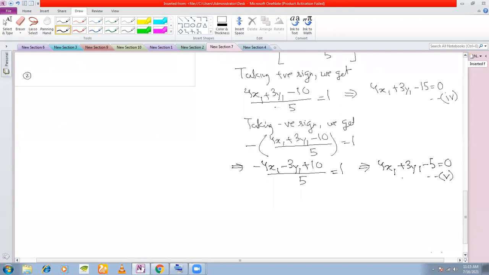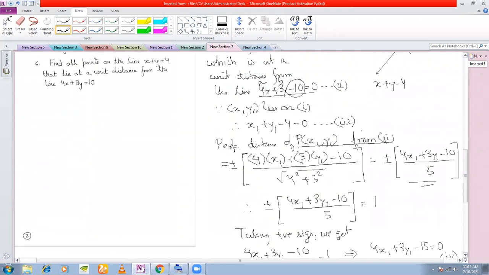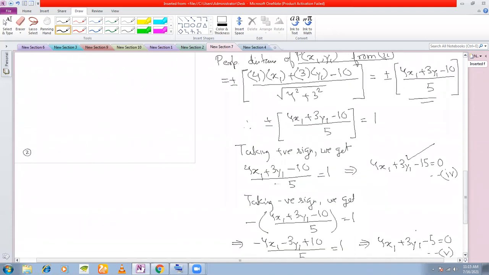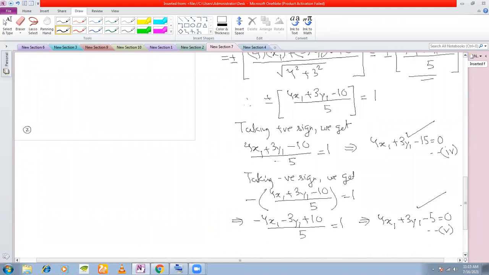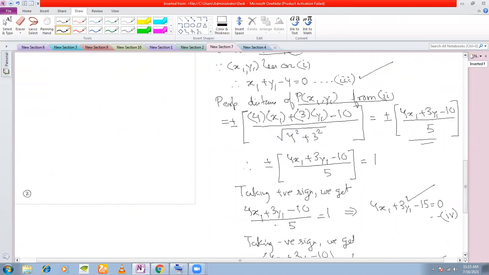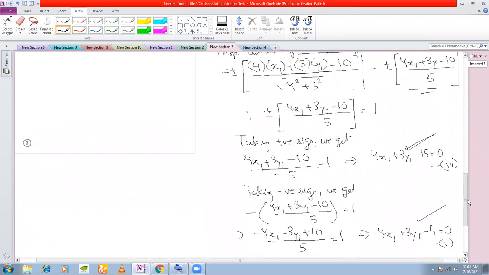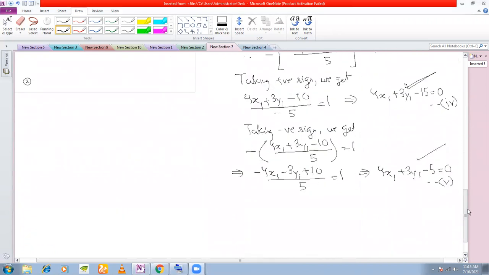Okay. So now how many equations have we got? You've got equation 3 here in x1, y1. You've got equation 4 here, and we have got equation 5 here in x1, y1. Okay. Now we need to solve the equations. We solve equations 3 and 4.